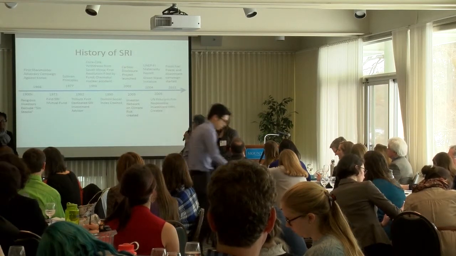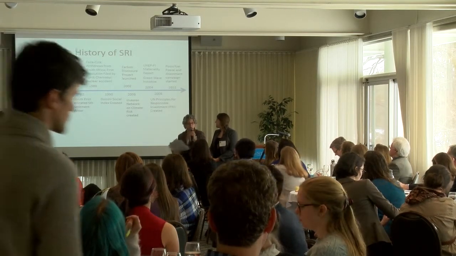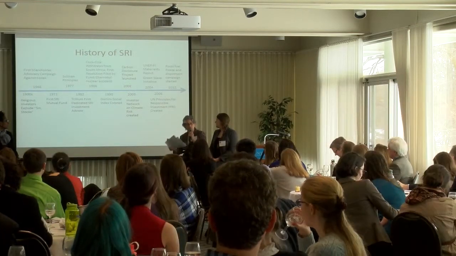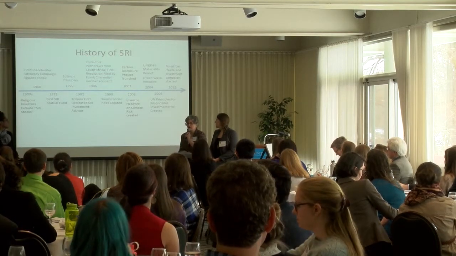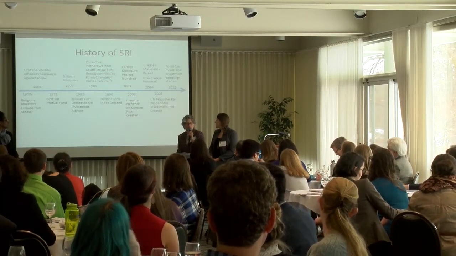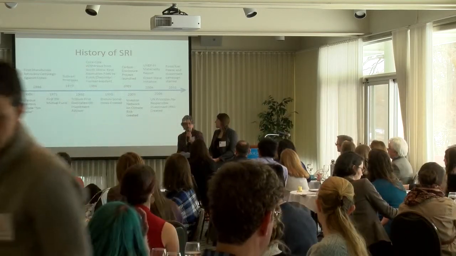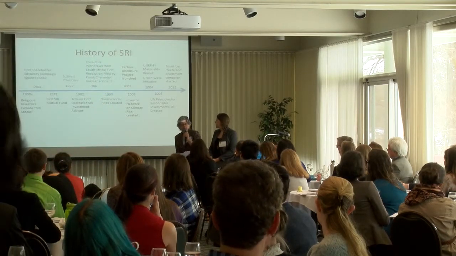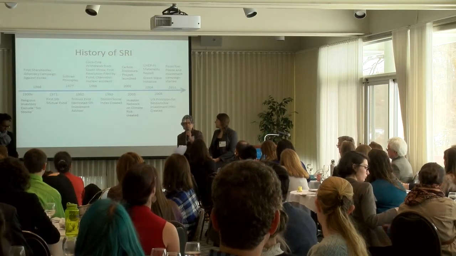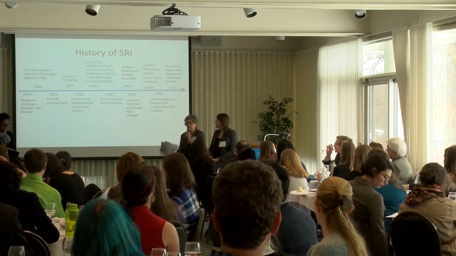So this is a little timeline on the history of SRI. I'm just going to use SRI as the shorthand for all of those terms that were under the umbrella. I'm going to start way back in the 1900s, and that's actually probably a little bit late to start. But there were investors before that. Our keynote speaker at lunch talked about people thinking about should their religious organization hold slaves. That is a criteria along this line.